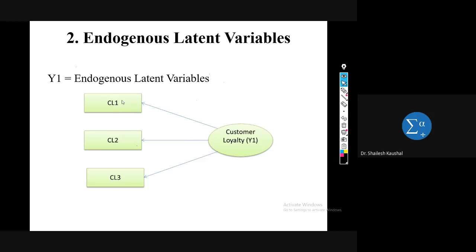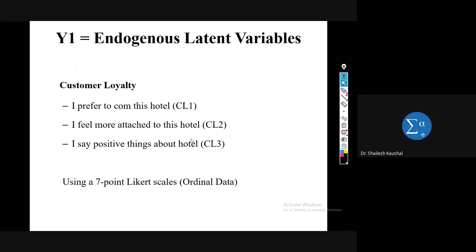Okay, reflective means this model is not formative, because these are not forming the customer loyalty, but customer loyalty is affecting the three variables CL1, CL2, CL3, and through these questions we identify the endogenous customer loyalty. These are the three questions.